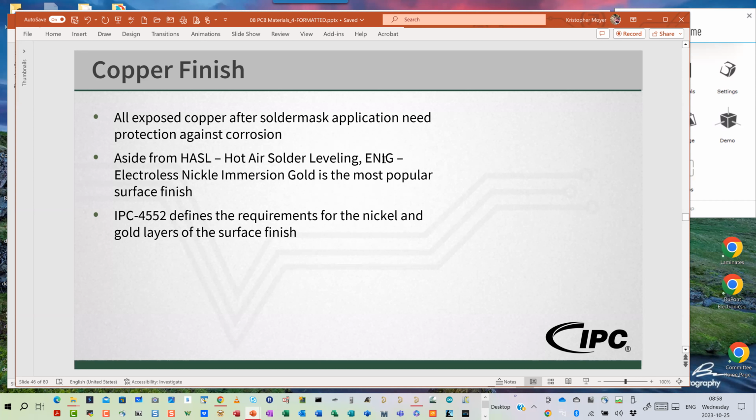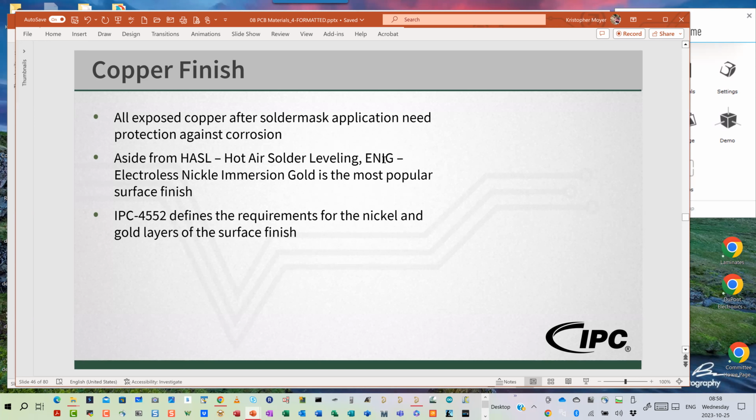Immersion tin. How many out there have heard about tin whiskers? Yes, hopefully, yes. Tin whiskers is a phenomenon when you have ultra pure tin with no other metals alloyed in it, sitting all by itself, even with no other environmental forces, including no electrical charge.